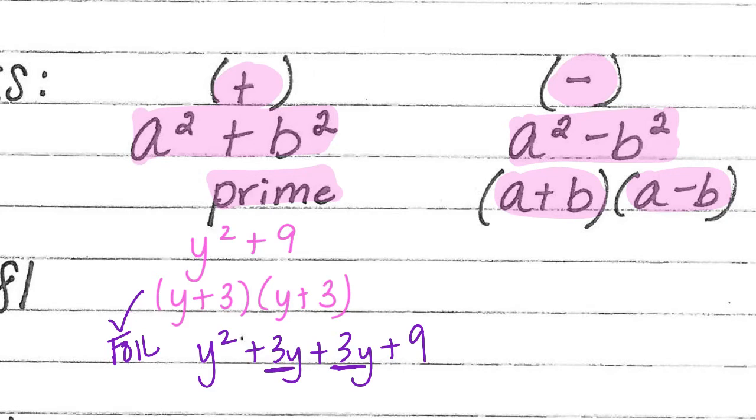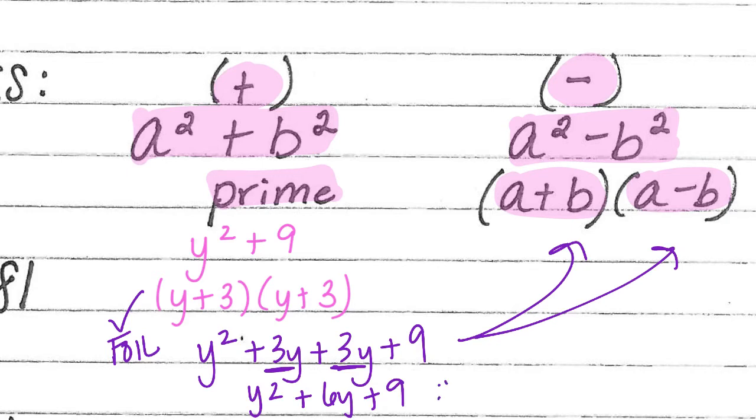Notice the only way these outer and inners can cancel out is if one is a plus and one is a minus, which was not the case here. So this ends up being y squared plus 6y plus 9, which is not y squared plus 9. So make sure you know to factor, that would be prime.